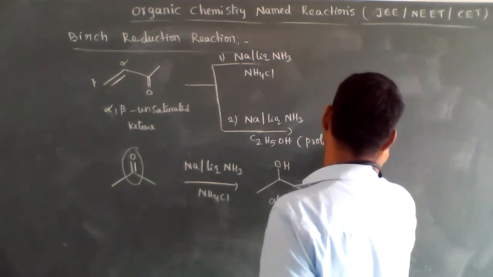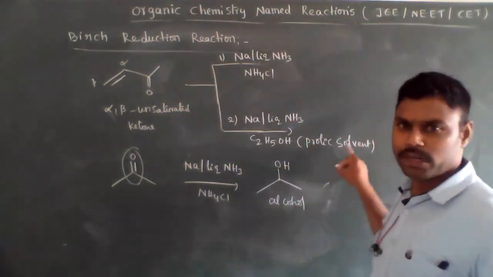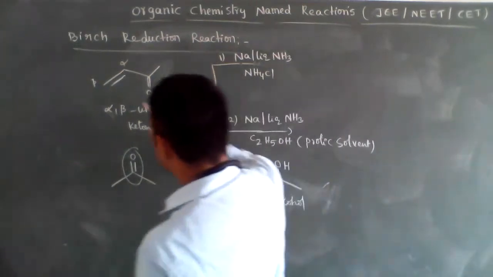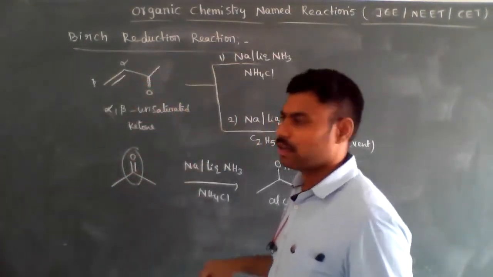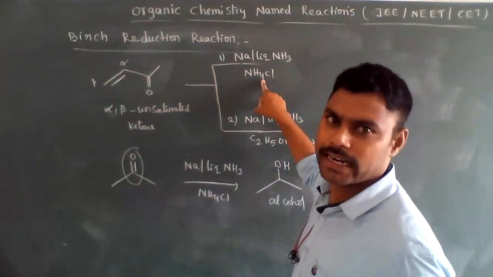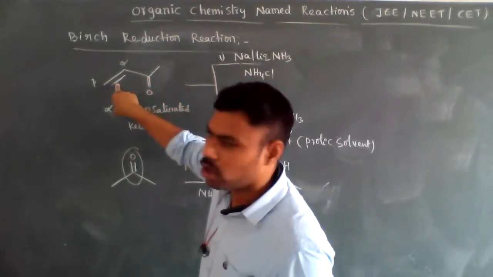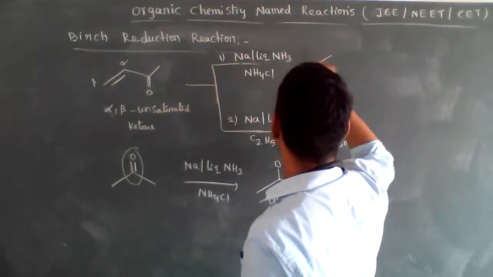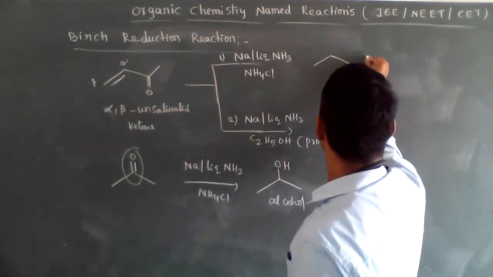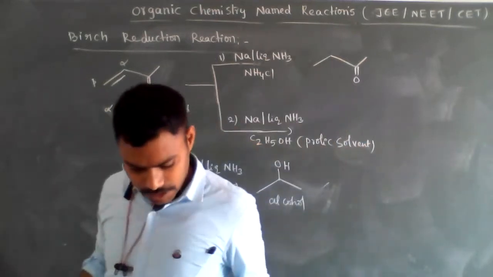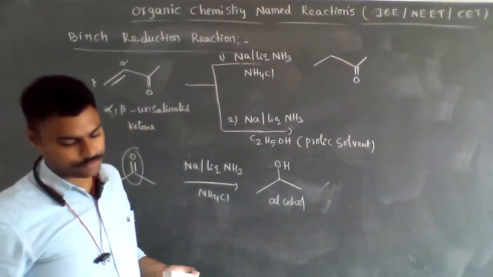If I use that, some extra protons are present, and it reduces the double bond as well as the ketone group. With only sodium and liquid ammonia in the presence of ammonium chloride, it reduces the double bond only, but not the ketone. Then we get a saturated ketone.